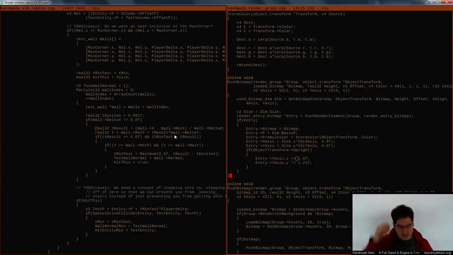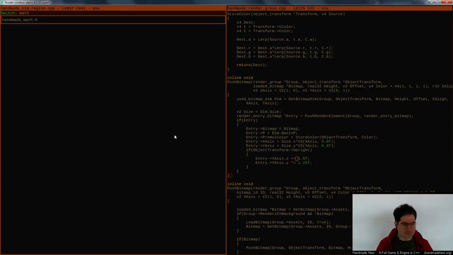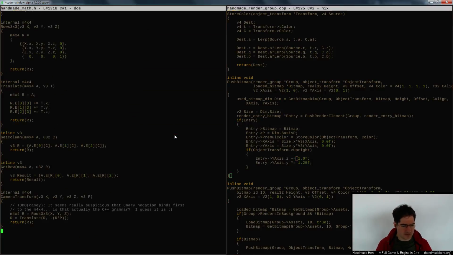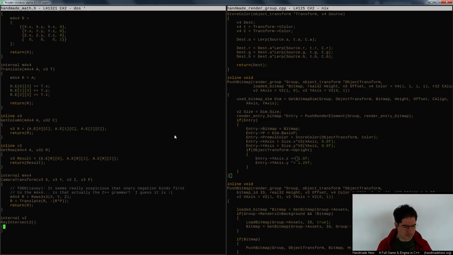So what we'd like to do here is just make a math function for this. And this math function is just ray intersect 2. We've got a PA and an RA. We've got a PB. I don't really like that being capitalized, but I don't know.